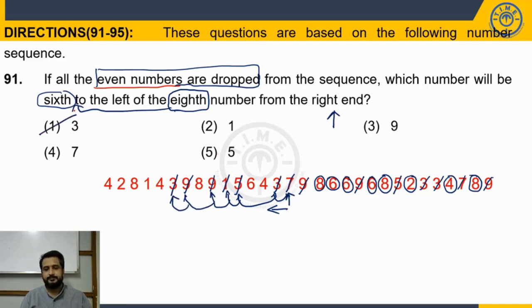Choice 1. So instead of writing the new sequence, we have not counted the even numbers. Just we counted odd numbers. So 3 is 6 to the left of 8th number from the right hand. 8th number from the right hand is 7. 6 to the left of 7 is 3. It is in choice 1. I hope it is clear. Next.